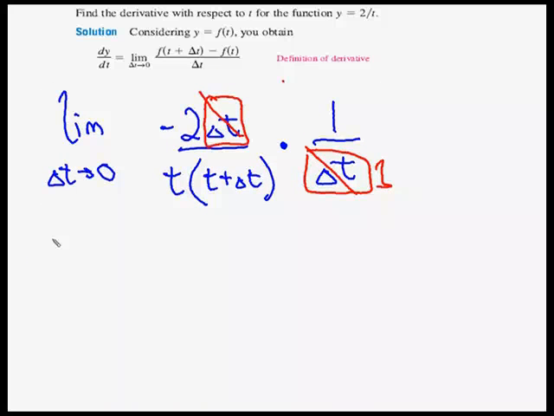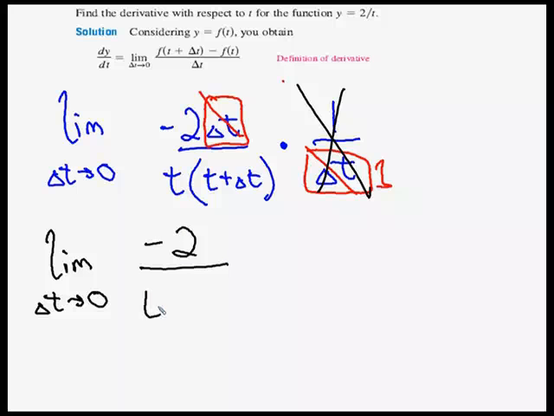Okay, so in just a minute we are going to apply that limit, but I'll write it one more time. The limit as delta t goes to 0. Up top, when we multiply, this is basically now a 1, so this is gone. We have negative 2 over t times the quantity t plus delta t.